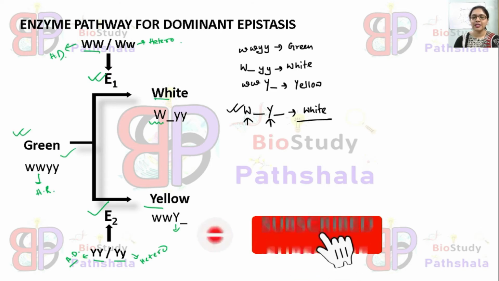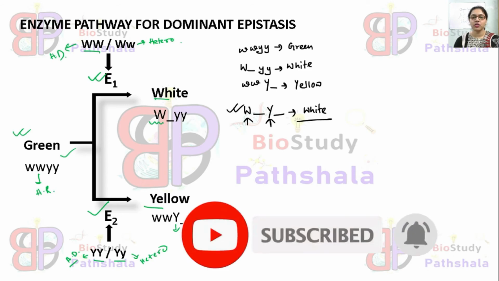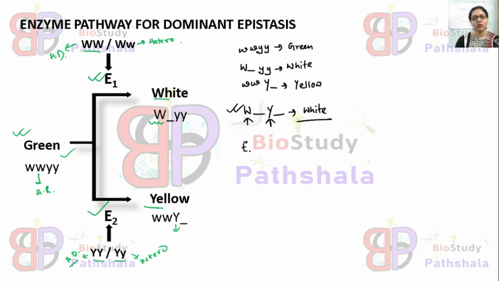So why does this white coloration actually occur? Because here two enzymes are involved. These are E1 and E2, and the precursor of these two enzymes is green. So here the affinity of the enzyme actually shows its effect.